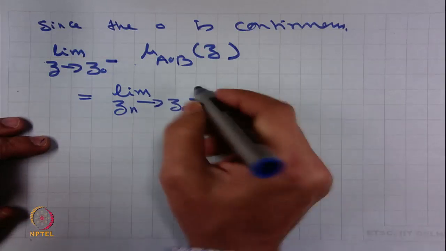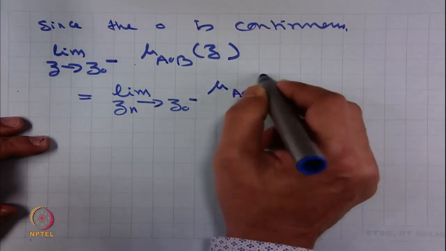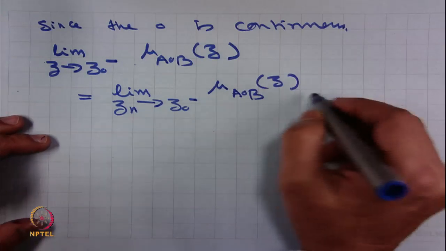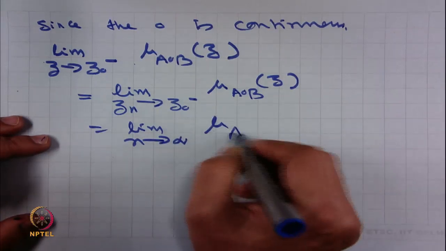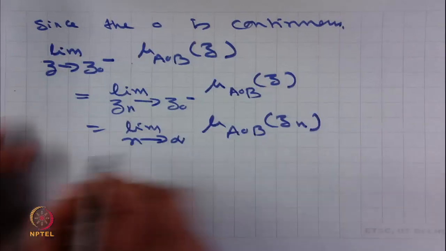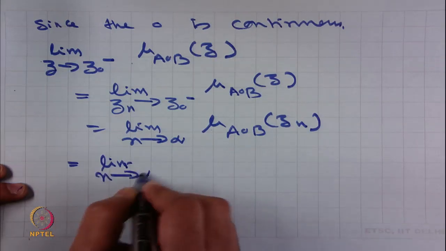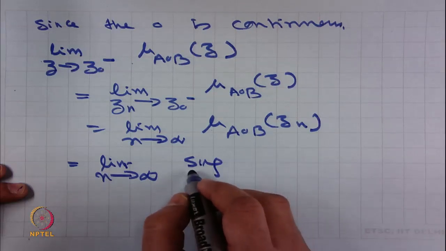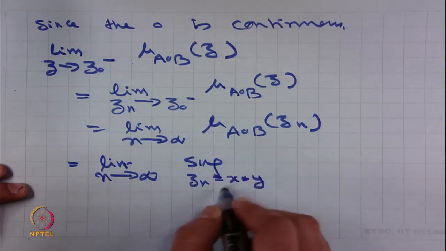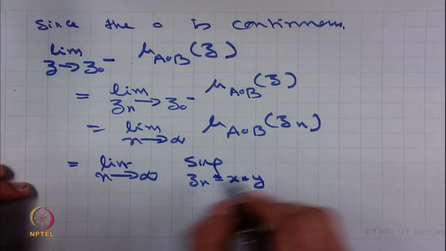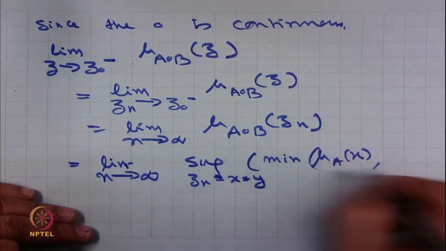So, they are coming from the left side, of mu A of B of z, is equal to limit n going to infinity mu A of B of Zn, is equal to limit n goes to infinity supremum over Zn equal to x star y, all those x y which lead to Zn, of minimum of mu A of x comma mu B of y.